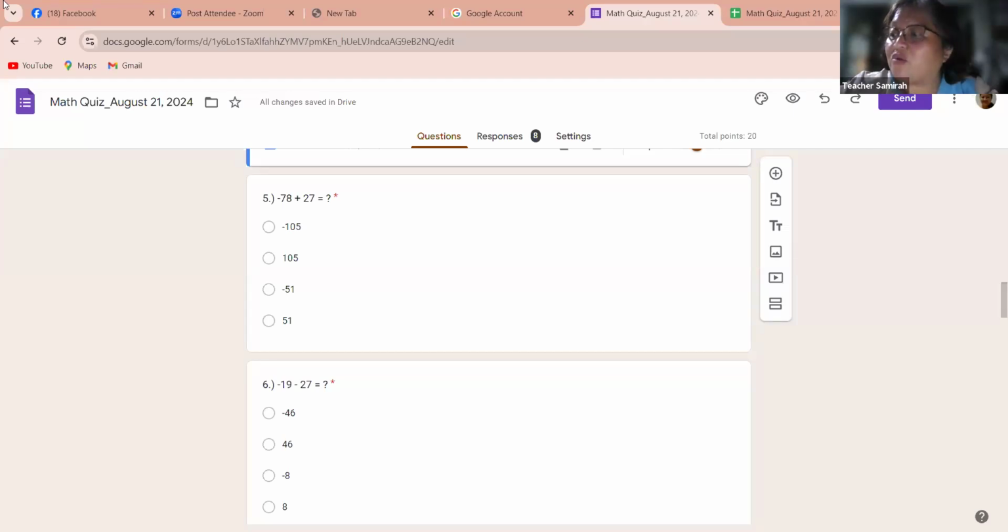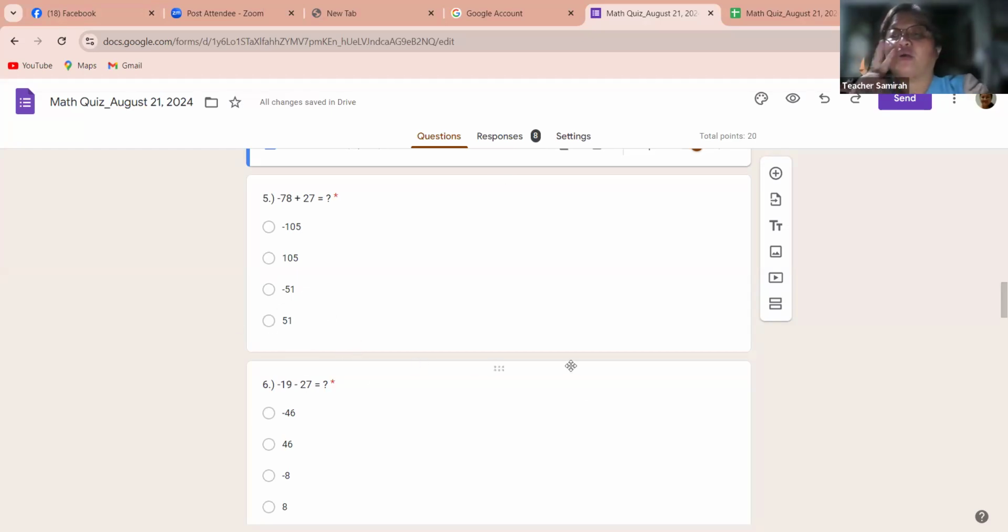So what we are going to do is take the sign of the bigger number. Okay. Negative 78 plus 27. What should be our answer? Will it be negative 105? Will it be 105? Will it be negative 51? Or will it be positive 51?